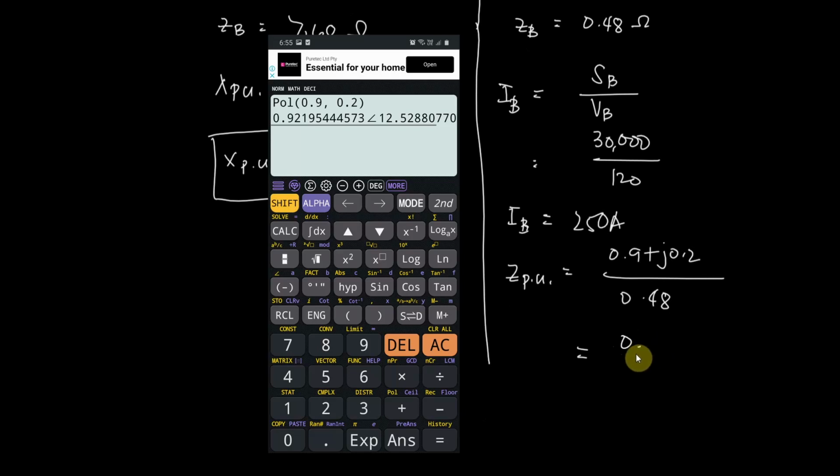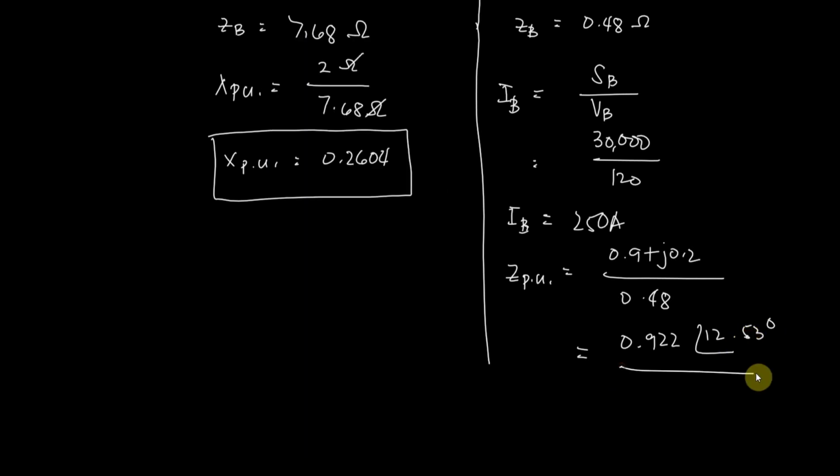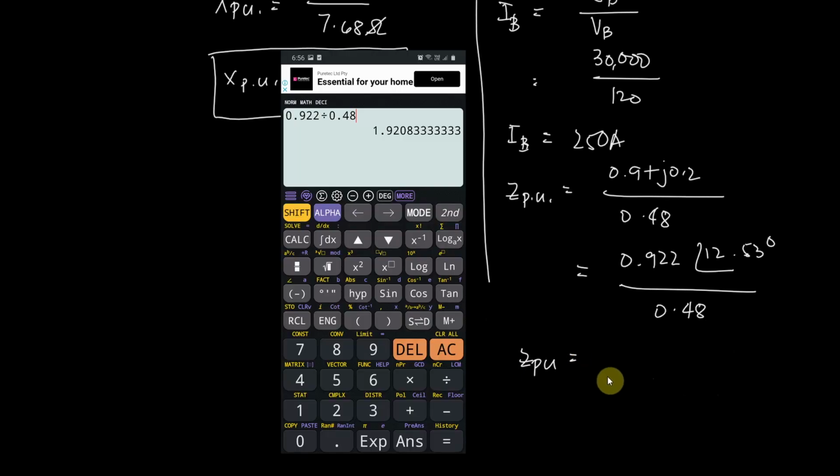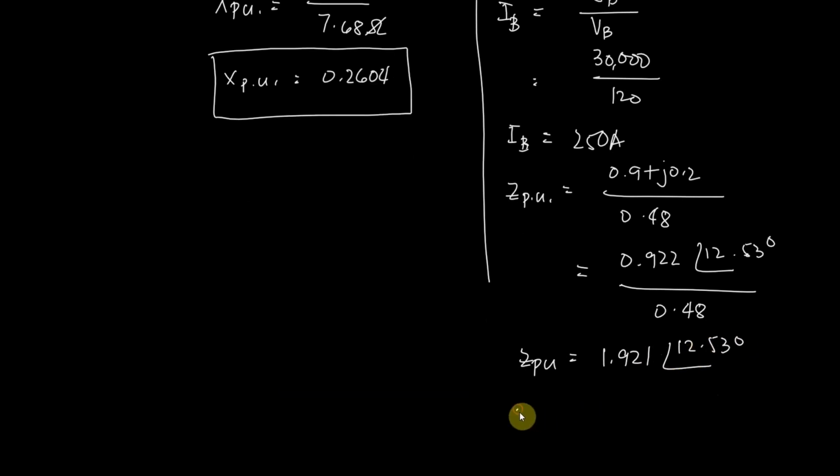So 0.922 cis 53 degrees divided by 0.48. When we divide that, the Z per unit is equal to 1.921 cis 12.53 degrees. And then we convert that back to rectangular.